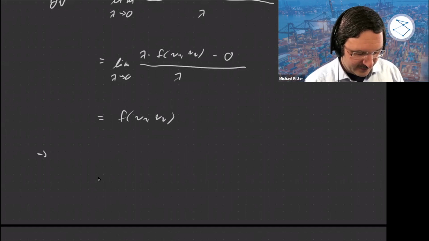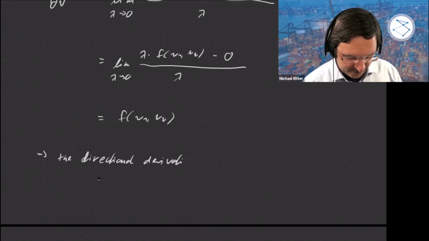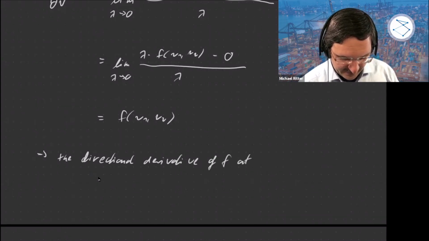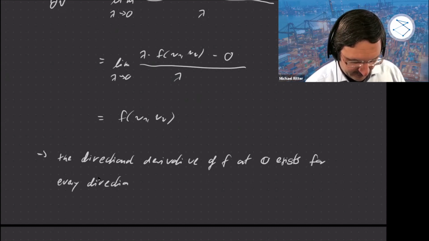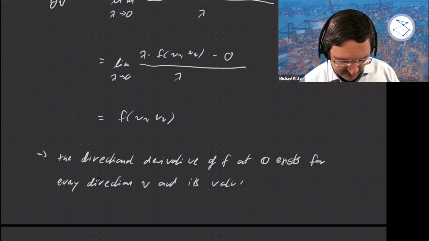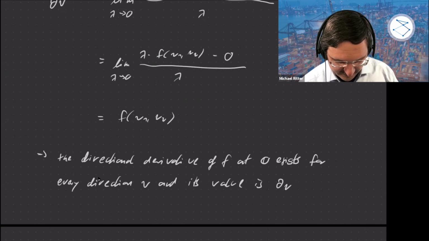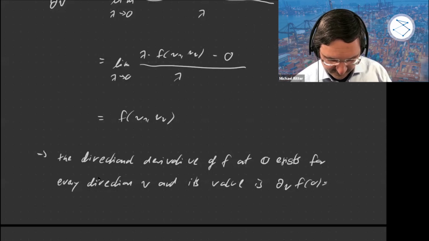Okay, so that means the directional derivative of f at 0 exists for every direction v, and its value is, well, let's write that like this: dv f of 0 is f of v1, v2.